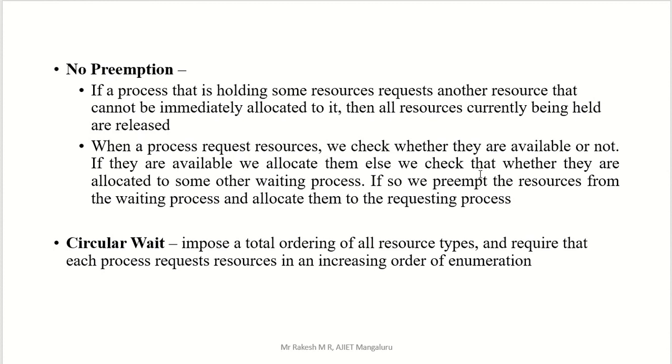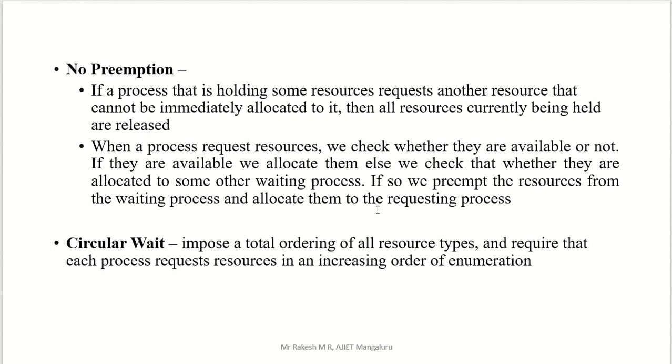Else we check whether it is allocated to some other waiting process. If so, if R1 is allocated to some other waiting process, then we preempt the resource from the waiting process and allocate it to the requesting process.